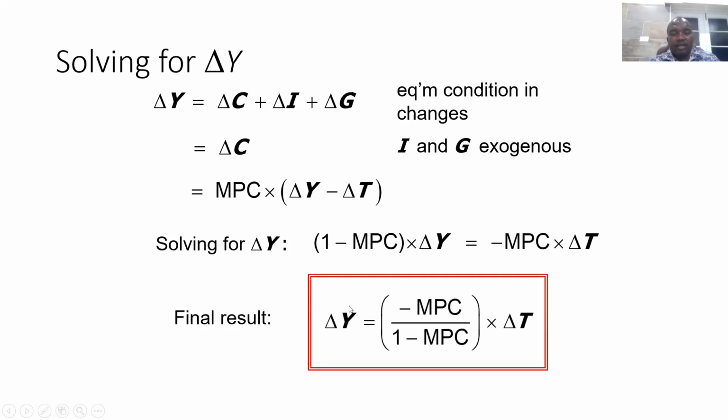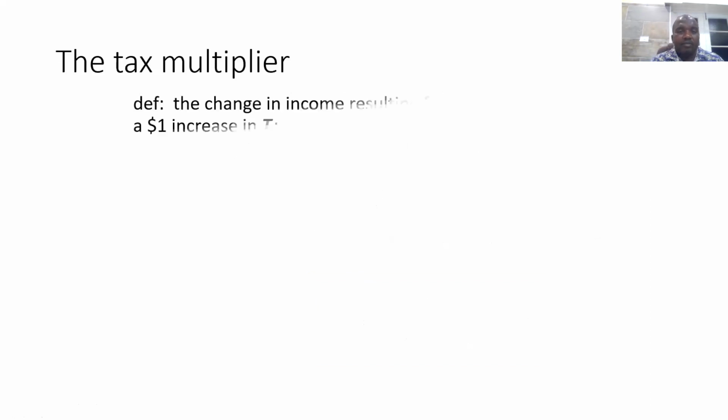So in the final analysis, we'll have delta Y being equal to minus MPC over 1 minus MPC multiplied by delta T. The tax multiplier, as we can see, is negative, because when taxes increase, it reduces national income. It's a withdrawal from the circular flow of national income.